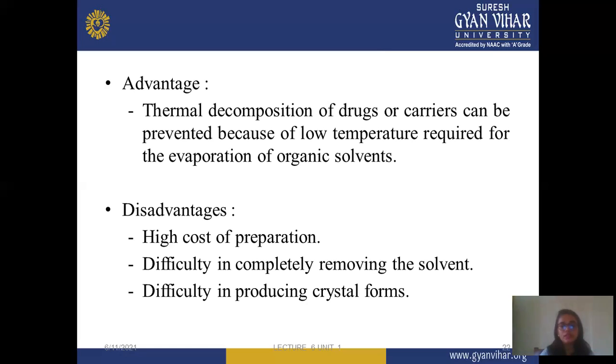Disadvantages of this technique are high cost of preparation, difficulty in completely removing the solvent, and difficulty in producing the crystal form. This technique is economically more costly compared to the previous one.